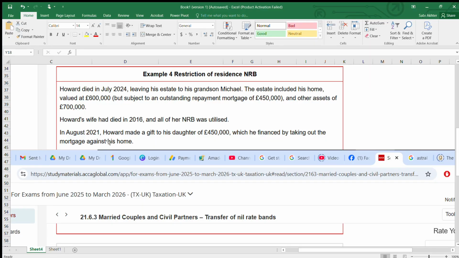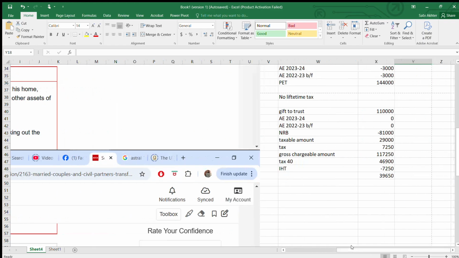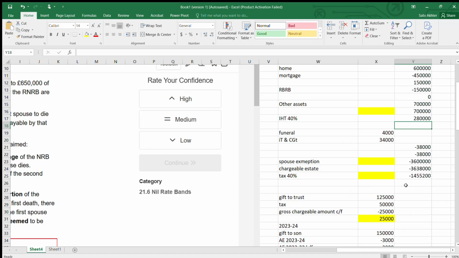Okay. In the next one, if he would have gifted to his daughter from his other assets instead of a mortgage, then the IHT would be different. IHT would be lower. If Howard had financed his gift to his daughter from his other assets instead of the mortgage, so now what is the value?